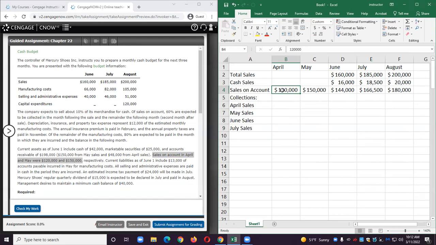But of the sales on account, I'm going to collect 60% in May and 40% in June. Because it tells me right here, of the sales on account, 60% are expected to be collected the month following the sale, and the remainder the second month after that. I don't really need to worry about collections in May because my budget's just for June, July, and August.